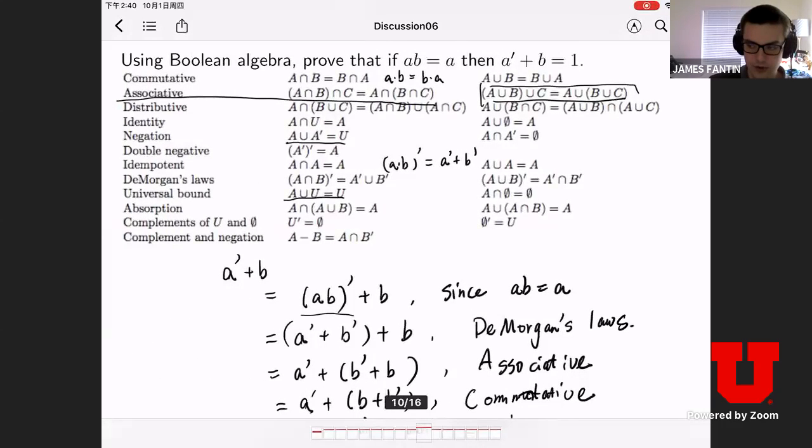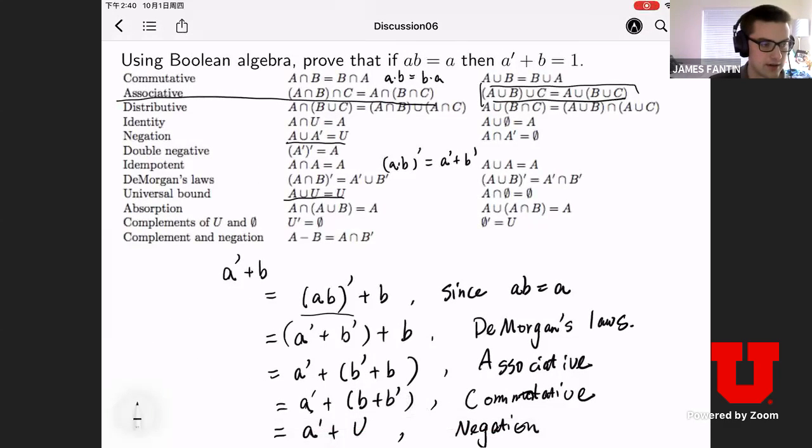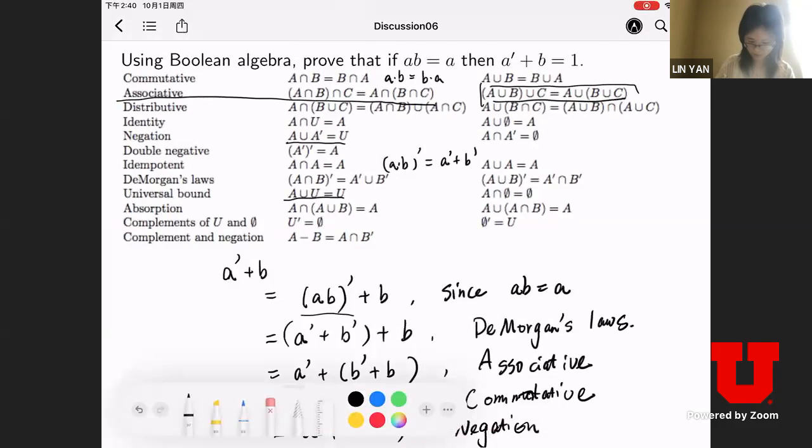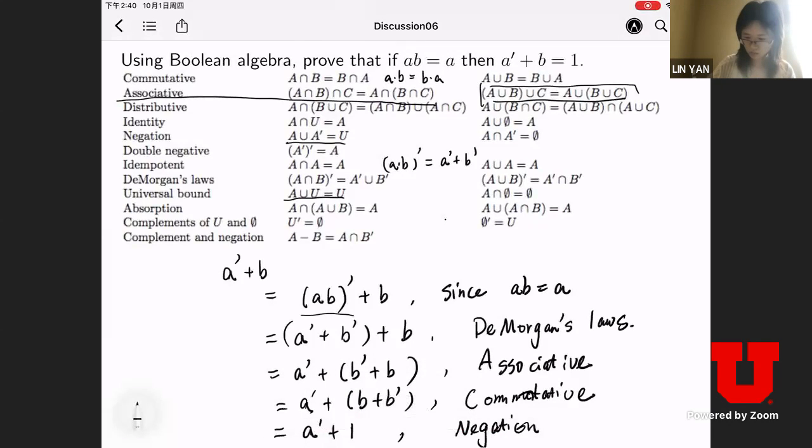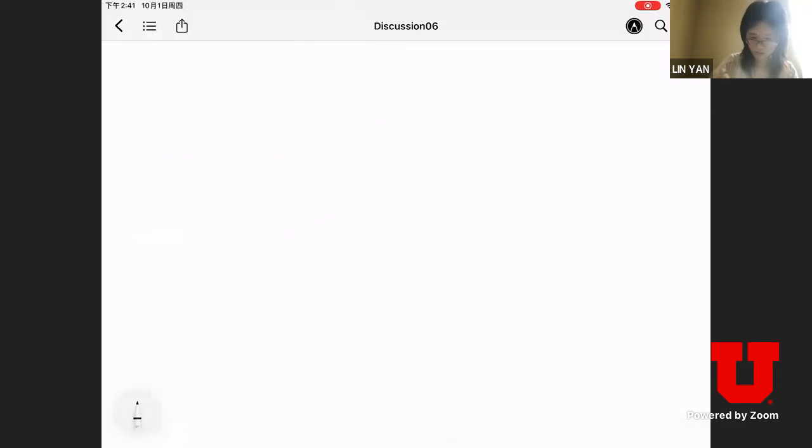I think you mean 1 instead of the U there. Oh, yes, you're right. Then it is equal to 1. This is by the universal bound.